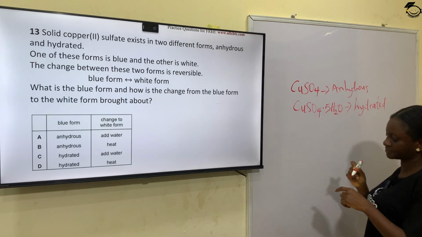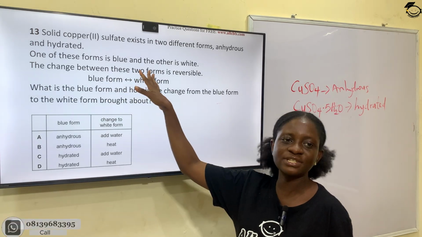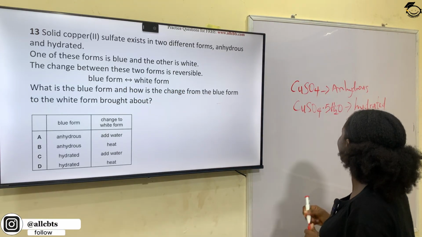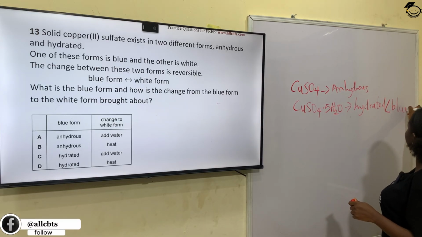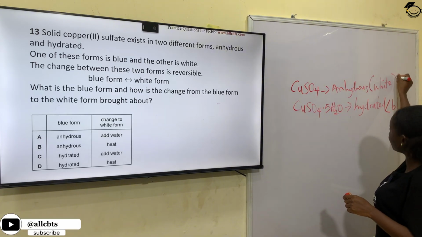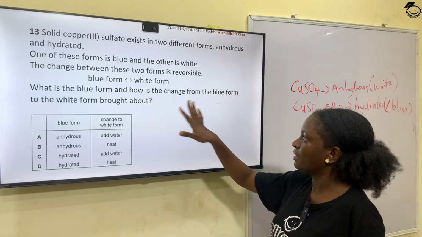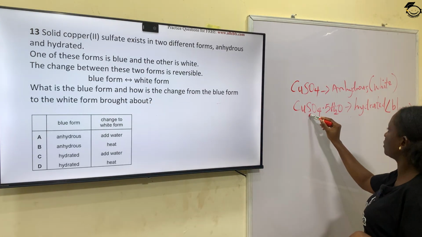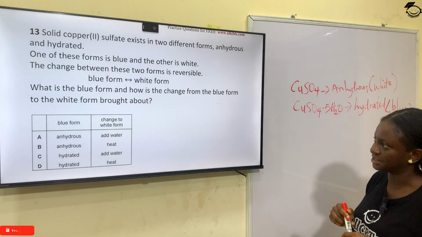One of these forms is blue and the other is white. The one that is blue is hydrated, and the anhydrous is in white form. So which is the blue form? The one in blue form is the copper sulfate with 5 molecules of water, hydrated.